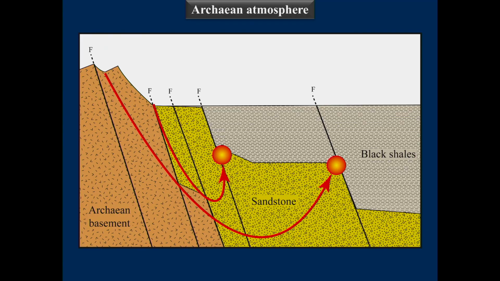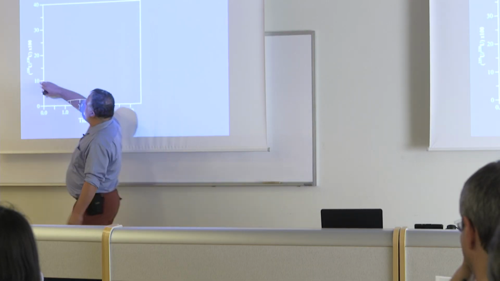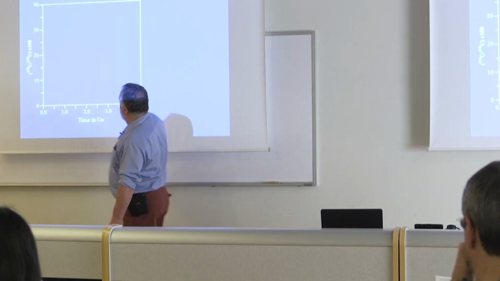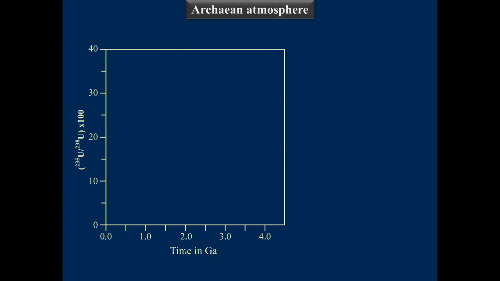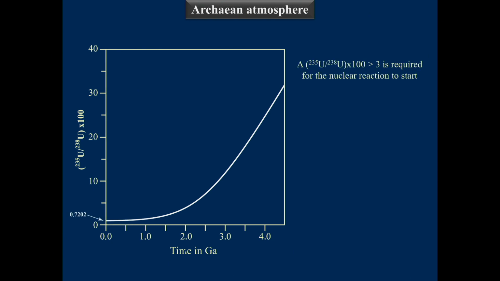If we look at the ratio of the 235 to 238 uranium isotopes in the course of time, the first condition for the reaction to start is to have a ratio greater than 3%. So we can eliminate this part of the diagram where the value of the ratio is lower than 3.